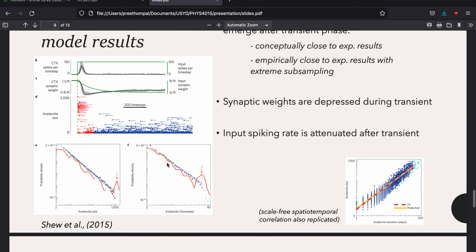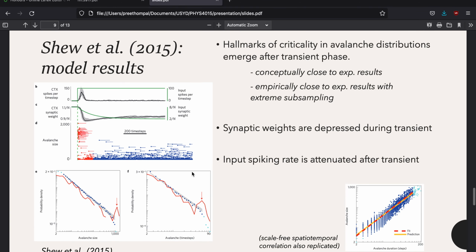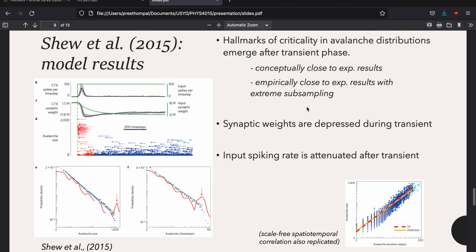These results become empirically close to the experimental results with extreme subsampling, because a model will generate results at every single time step, but if you make some assumptions about how much time is actually in each time step, and then you subsample based on the frequency that a multi-electrode array actually records at, you can produce results that are really close to the experimental results.